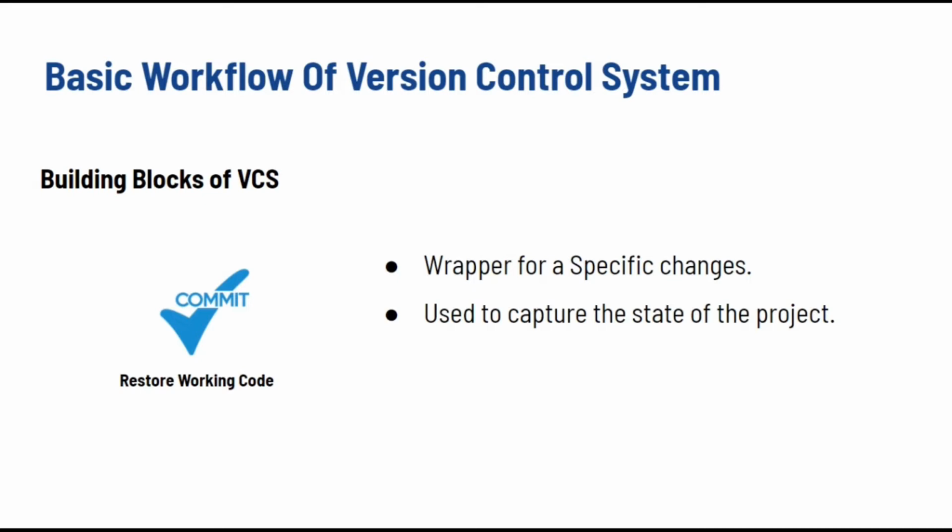A commit is a wrapper for a specific set of changes. The author of a commit has to describe what he did in a short commit message. This helps other people and himself to understand later what his intention was when making these changes.